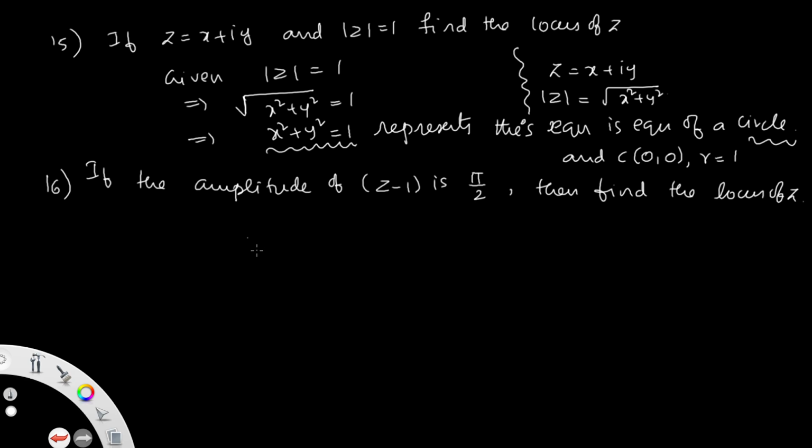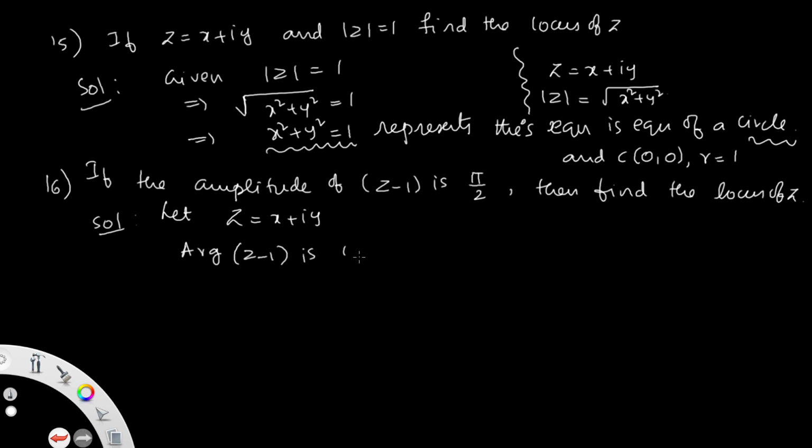So let the solution be: let z equal to x plus iy, where z is a complex number. The given equation is the argument of z minus 1 equal to pi by 2.